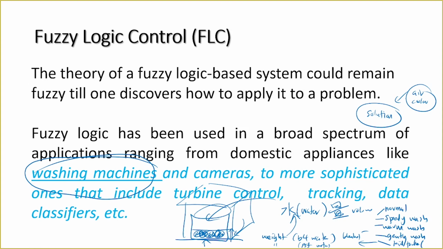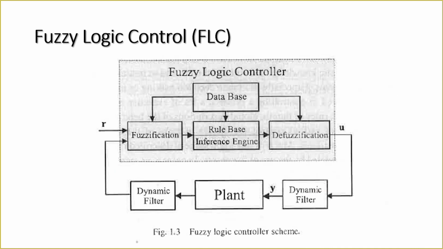Because we don't have a 0, 1 kind of condition, but we do have several elements. Speaking of water, volume, we have weight, we have the cleanser liquid, so how much should we put in the washing machine, and so on. This is the idea of the fuzzy logic control scheme. Basically, we have fuzzification and defuzzification, and this one is the rules.